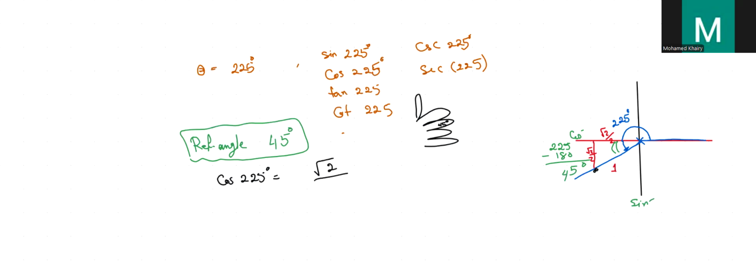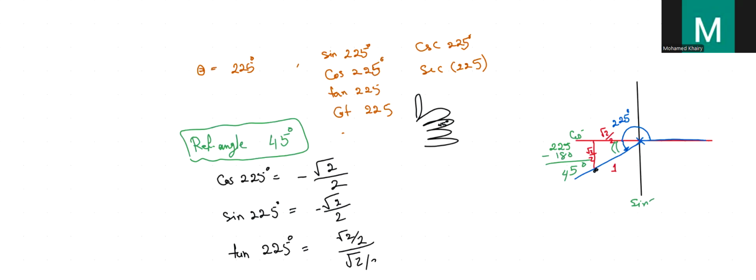Because this is the left part, I'm going to add a negative sign. Sine 225 equals how many fingers down? Radical 2 over 2. Pay attention, also I have a negative sign. Like tan 225, both are negatives. That means they will cancel each other. So radical 2 over 2 divided by radical 2 over 2 is exactly like positive 1.